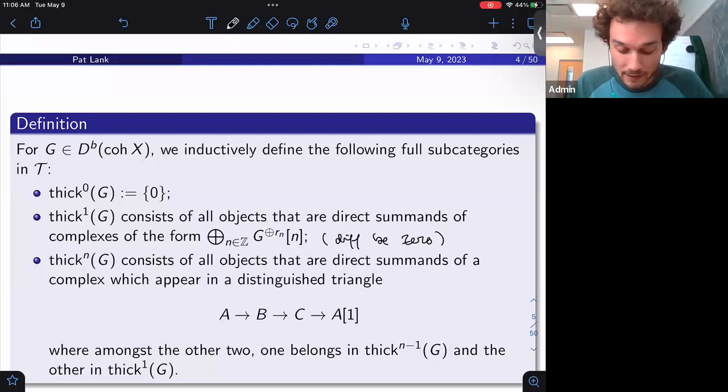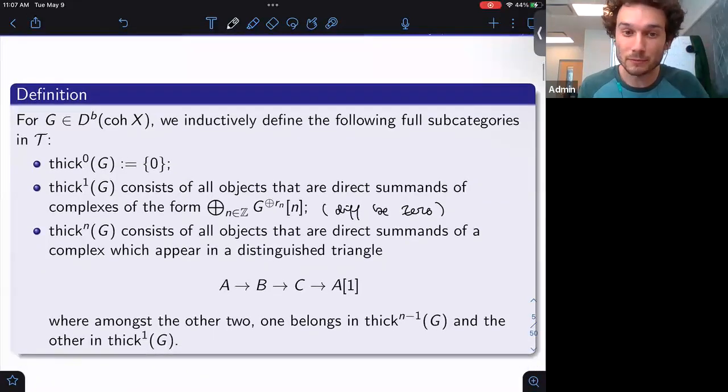Thick n consists of all objects that are direct summands of a complex which appears in a distinguished triangle, where of the remaining two, one belongs in thick n minus 1, and the other one belongs inside thick 1. In some sense, you're looking at extensions: objects that are direct summands, up to shifts, of extensions of things from the previous step and those that lie inside thick 1.